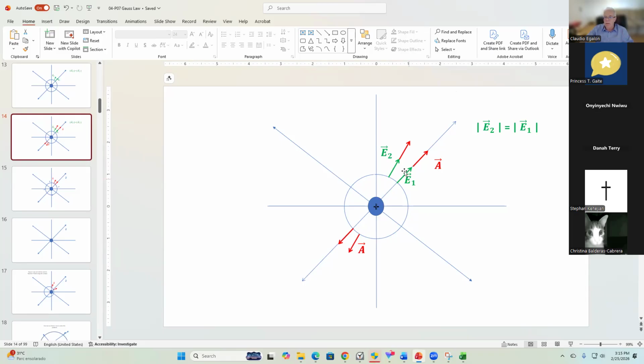In this illustration, I drew only 1, 2, 3, 4 electric field lines. But if I were to increase the number of electric field lines, I would be saying that not only will the electric field be stronger, but the electric flux will be stronger as well. That's a geometrical interpretation of the electric flux.